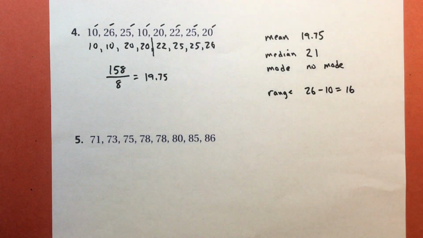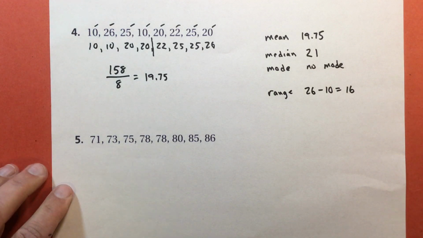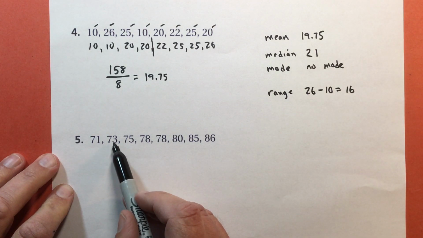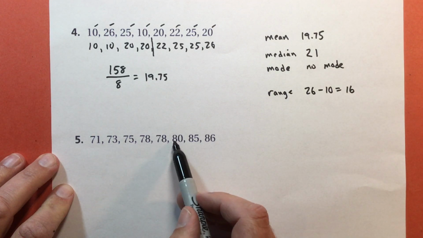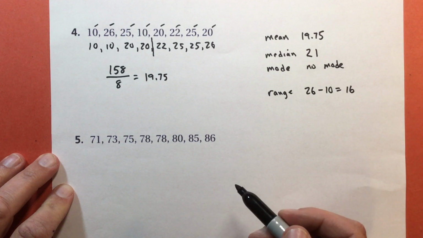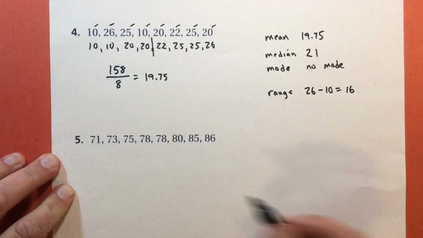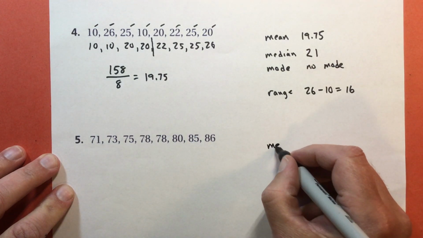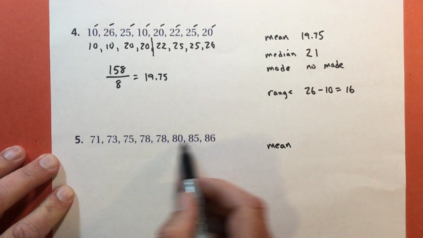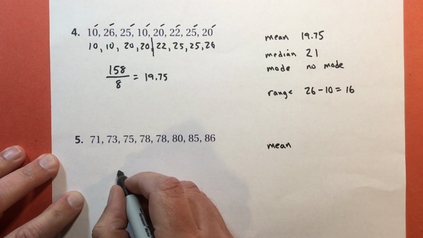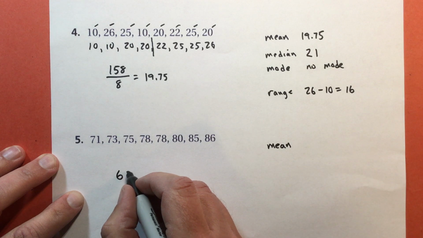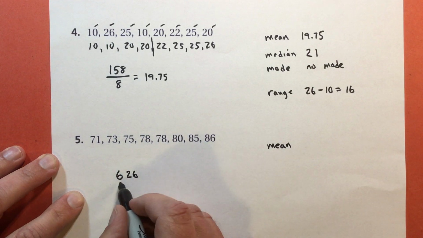Number 5. Let's put the numbers in order. I got 71, 73, 75, 78, 78, 80, 85. Oh, hey, good job. They're already in order. So now I'm going to find the mean. I add these numbers all up, and I get 626.